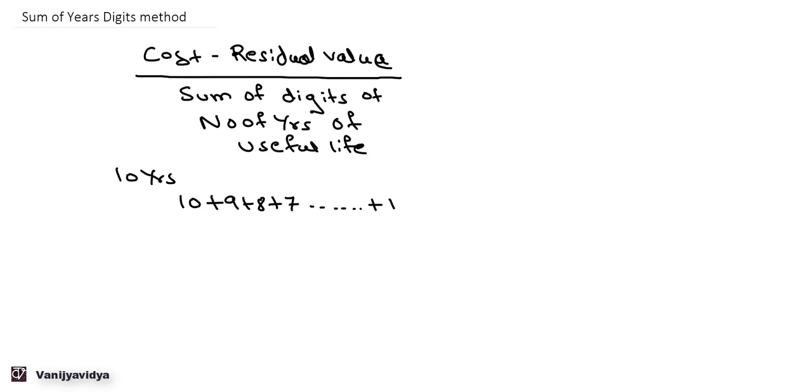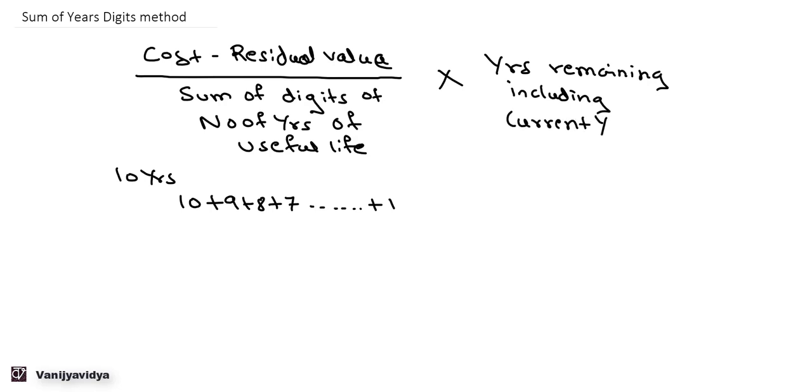Then whatever amount we get, we multiply it by years remaining including current year. So for first year we will multiply it by 10, for second year we will multiply it by 9, for third year we multiply it by 8 and so on.